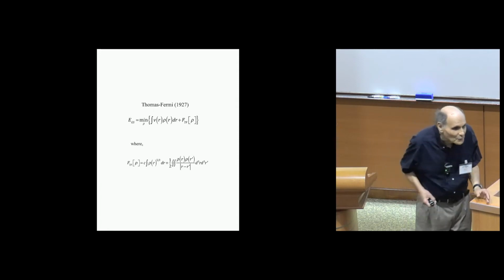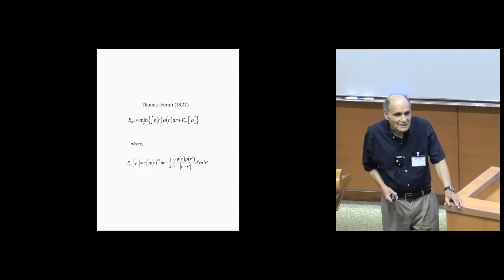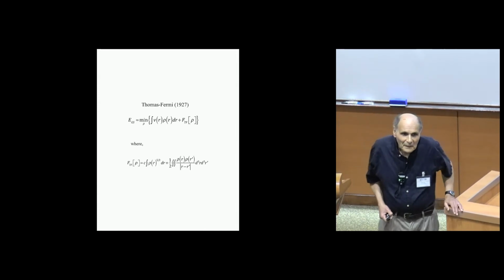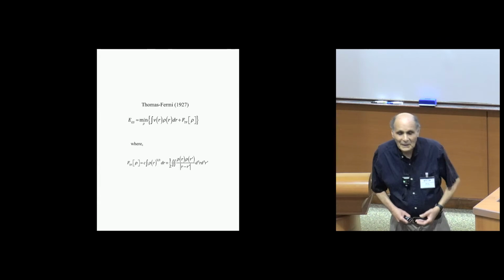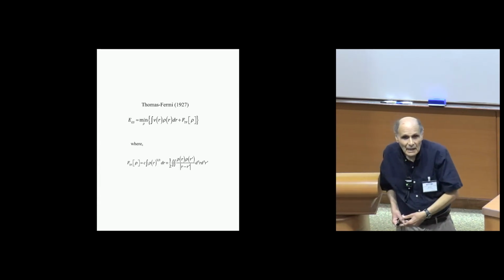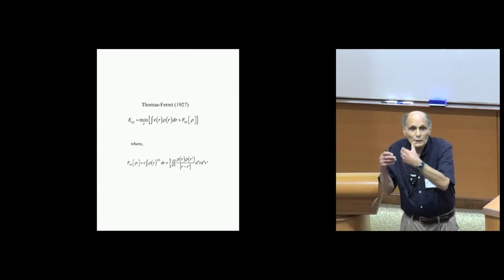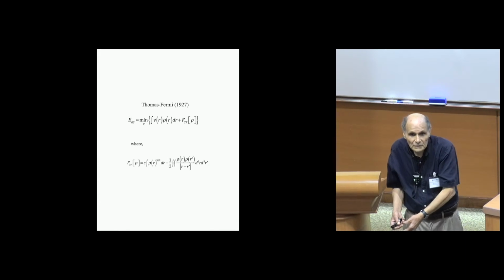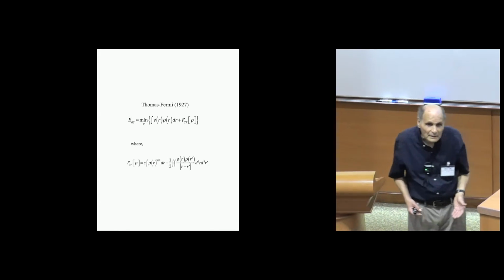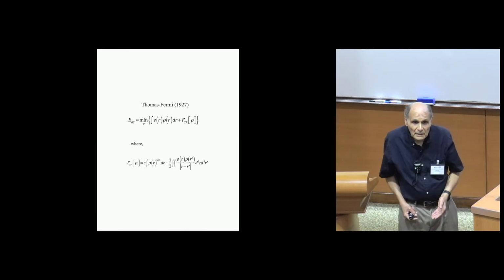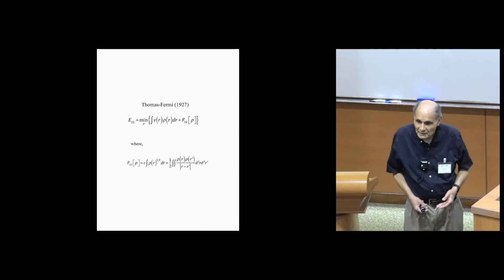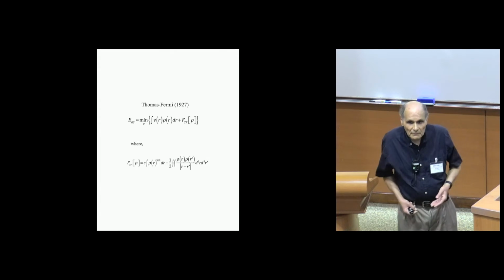That's why you use the densities to avoid the wave function. But then what they did is, let's see if we could use the wave function to define what Thomas and Fermi were trying to approximate. So that caused the revolution.